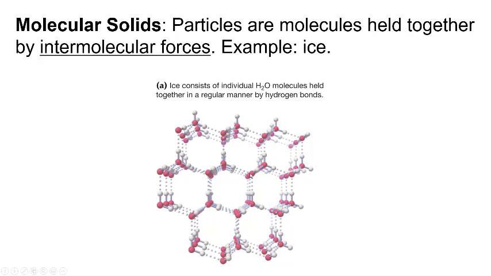If we look down this structure, we can see that it is crystalline in nature and very highly ordered, but it's held together by these intermolecular forces. Whereas our ionic solid was held together by Coulombic interactions, here we have intermolecular forces holding the ice together.